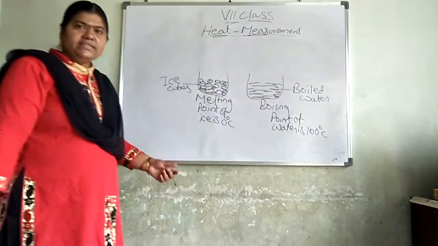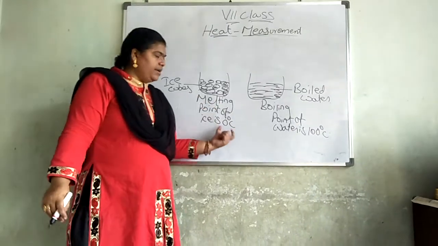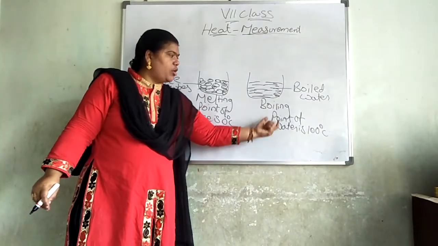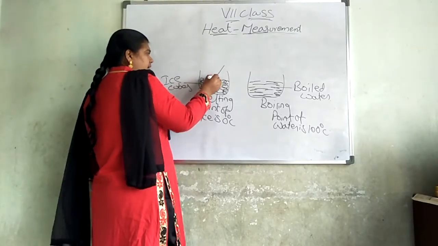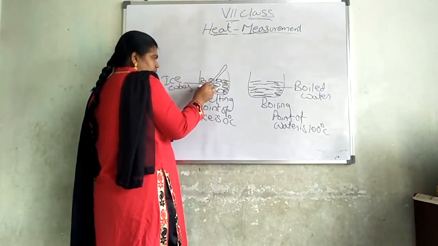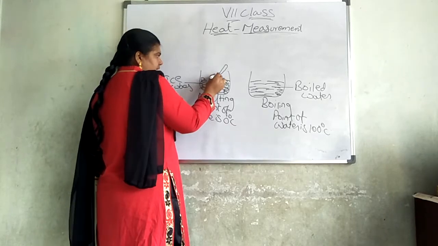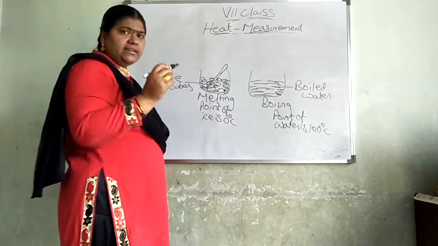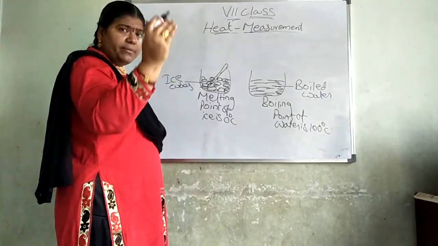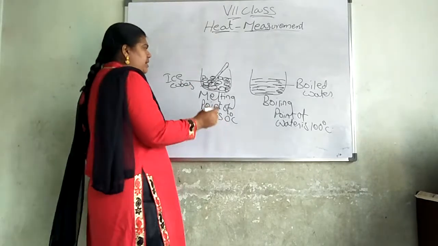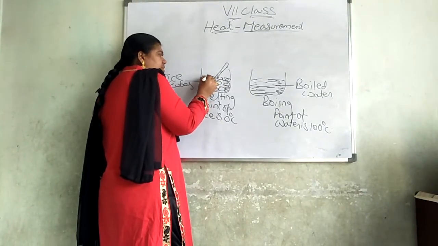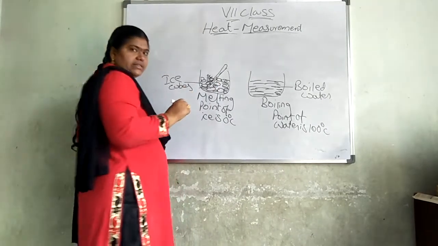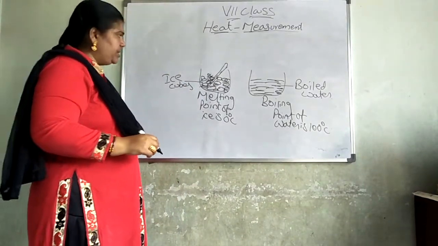Now bring the thermometer and keep it in the ice cubes. You will see that the mercury level will fall down to a particular point. Where it falls down, there you denote it as 0 degrees Celsius.